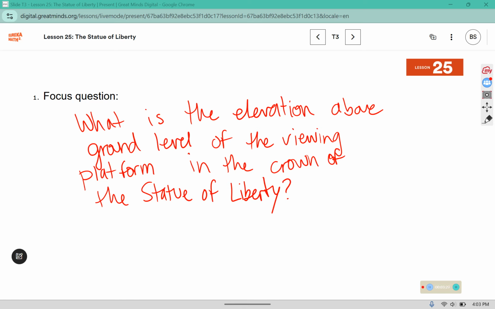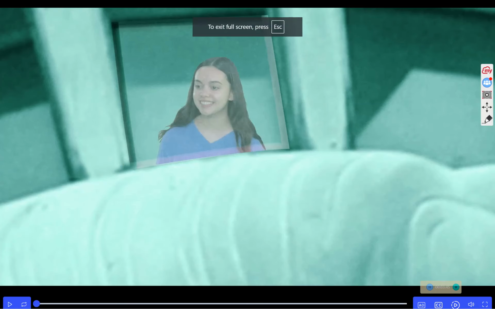We would also need to know how far from the ground to the first stair it is, because they took the elevator from the ground up to a certain point and then continued using stairs the rest of the way. So there's some information that we need to collect. Let's watch part 2 and write down any information that might be helpful in solving the problem.